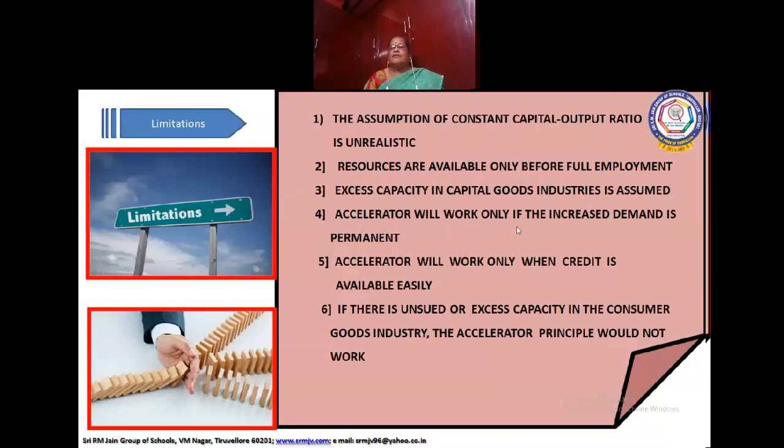The accelerator will work only if the increased demand is permanent, and only when credit is easily available. If there is unused or excess capacity in the consumer goods industry, the accelerator principle would not work.